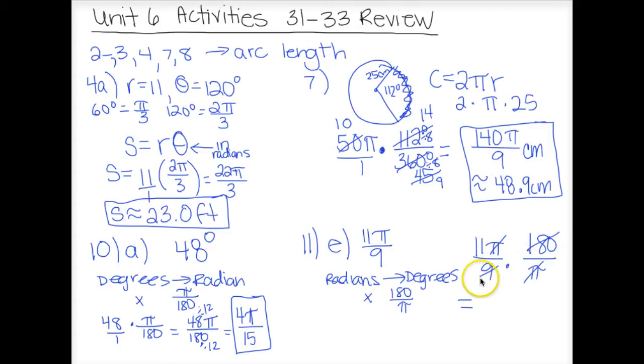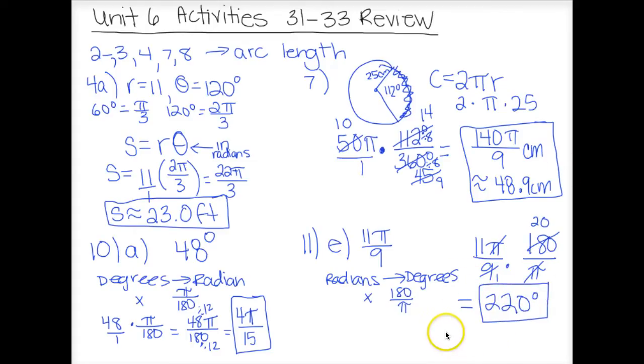I would also reduce these because 9 and 180 are both divisible by 9. In this case, 9 divided by 9 is 1. 180 divided by 9 gives me 20. Then on the top, my pi's canceled, so all I've got is 11 times 20, which gives me 220. On the bottom, I just have 1 times 1. So 220 degrees is my answer there.